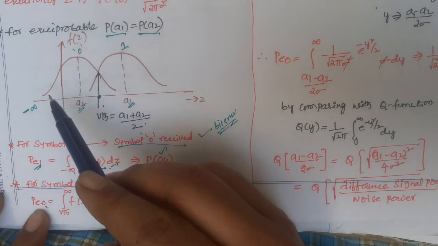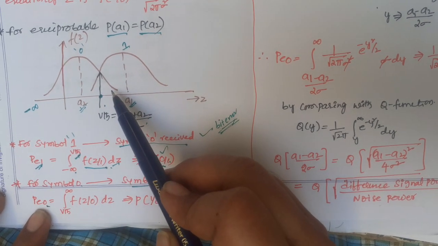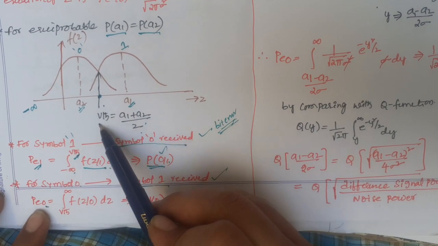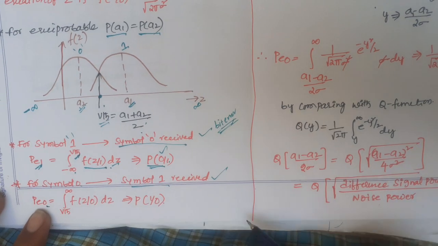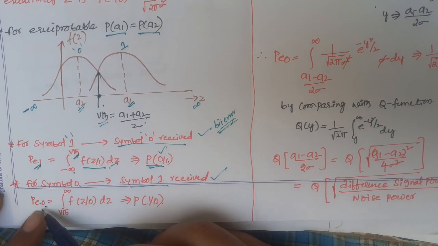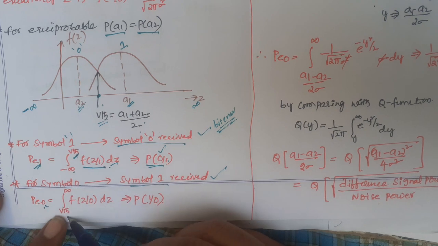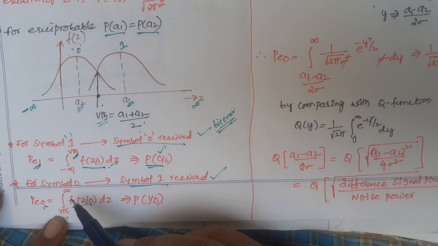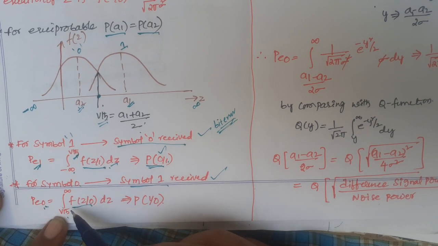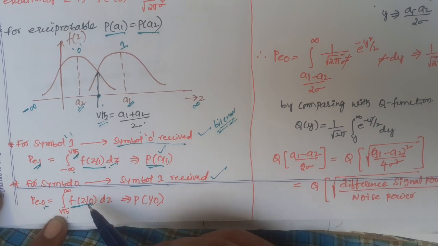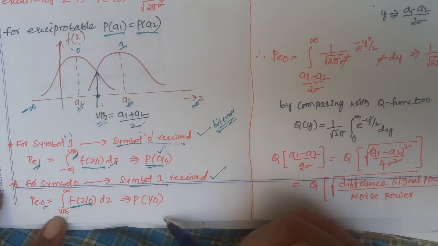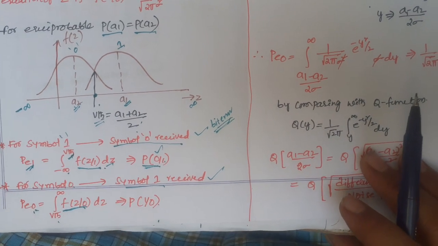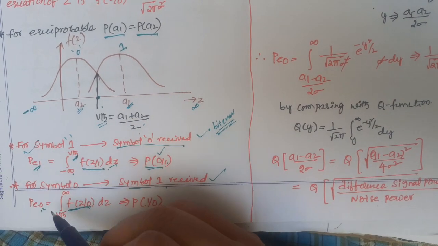I transmitted bit 0, but instead I received bit 1, so my limits become V threshold to infinity. So the limits of the probability of error for 0 are V threshold to infinity, and the Gaussian function of bit 0 is f of z given 0 dz.